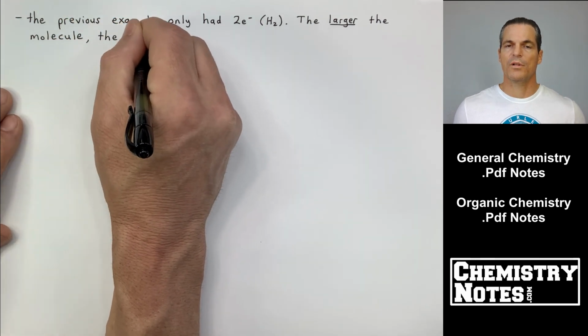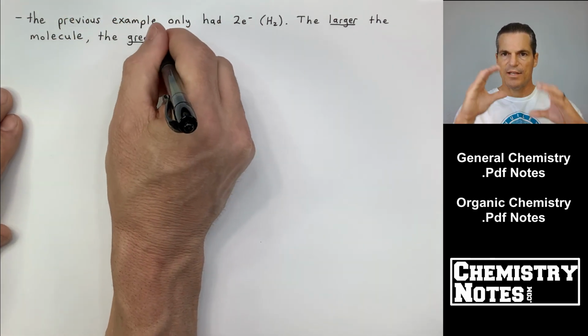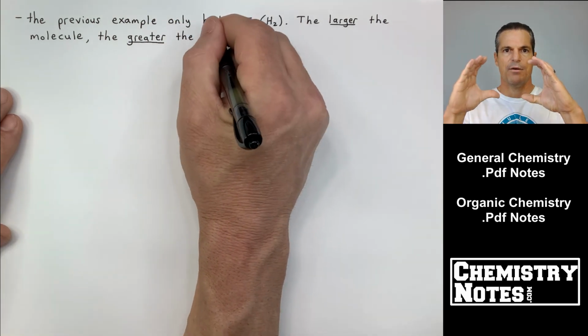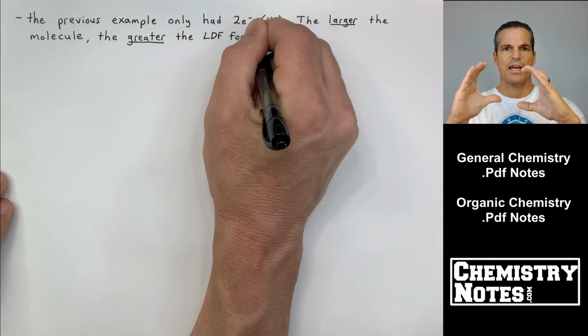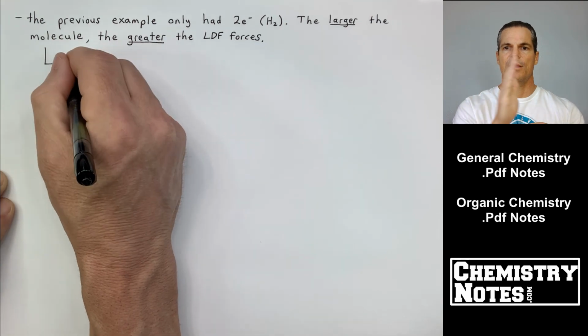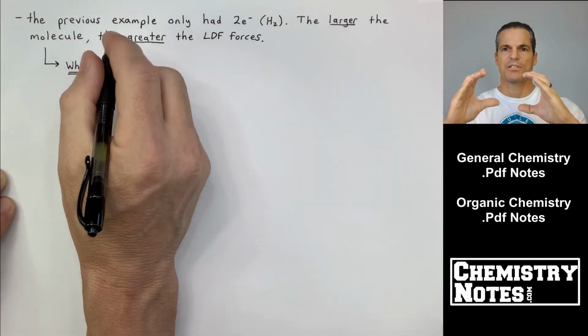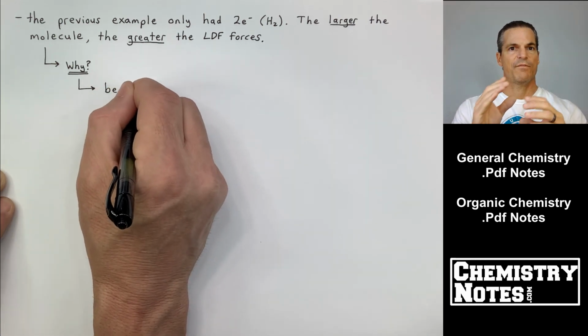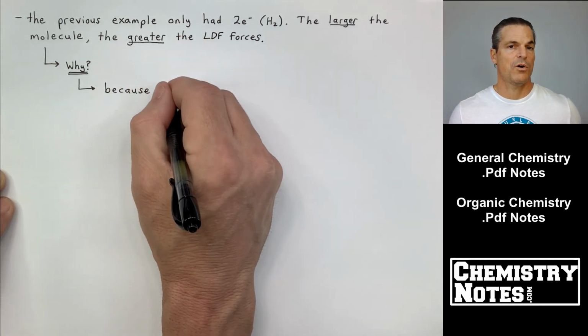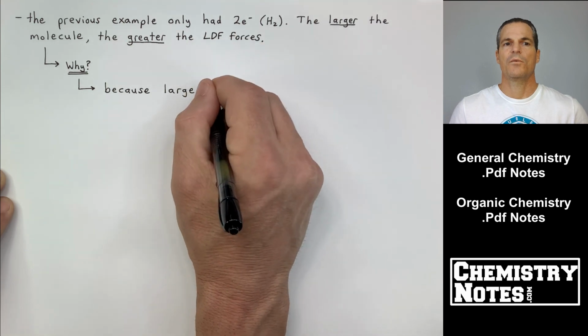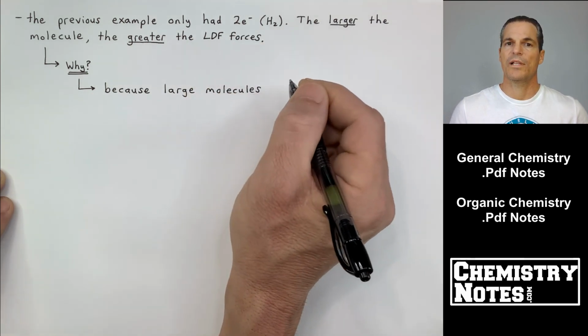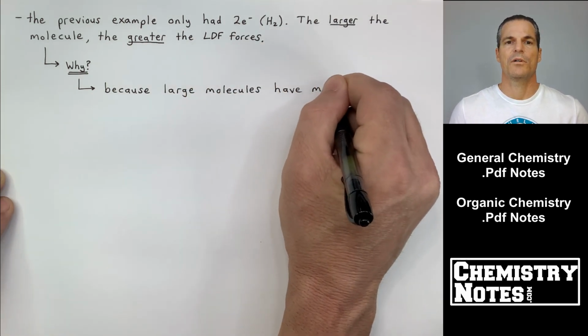And the more electrons you have, the easier it is to have a disparity between the two sides. Right? The easier it is to be lopsided, where more electrons are on one side versus the other at that instant. All right, so in other words, the previous example only had 2 electrons, right? That was H2 on the last page.